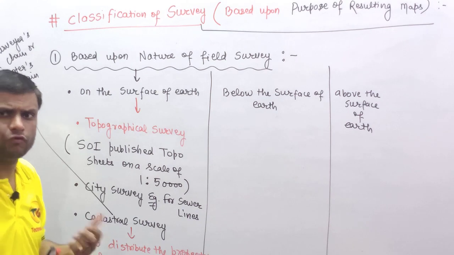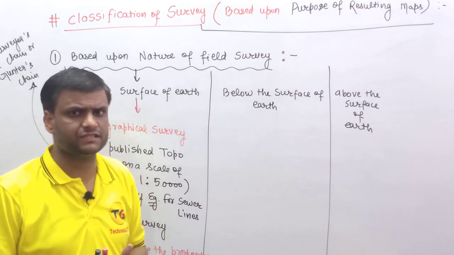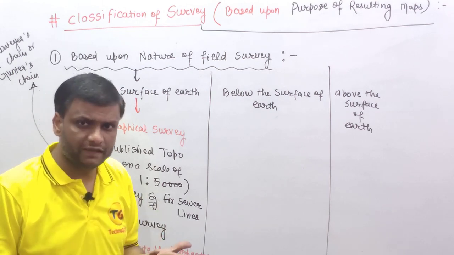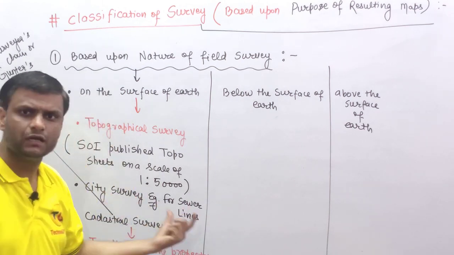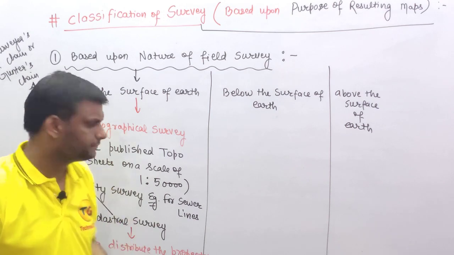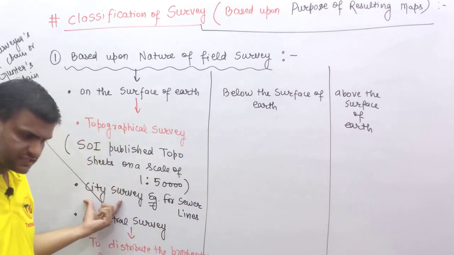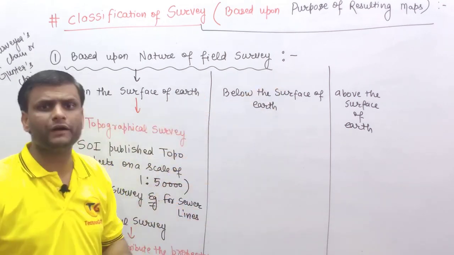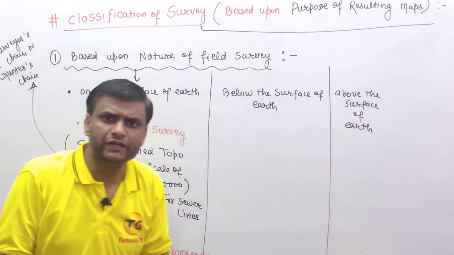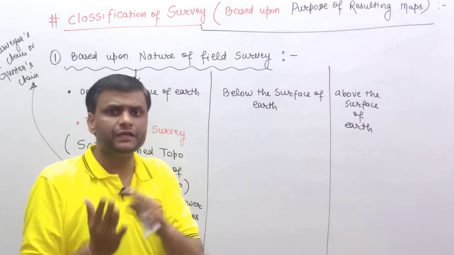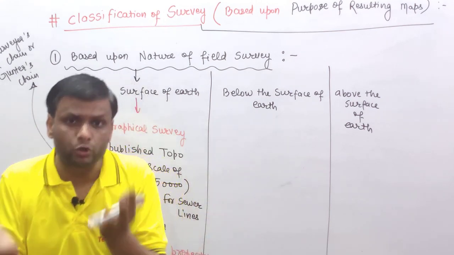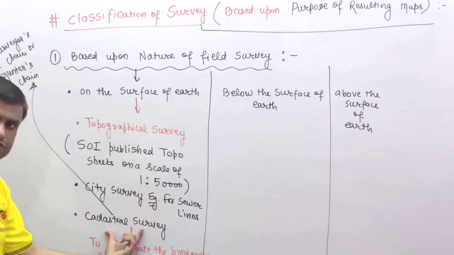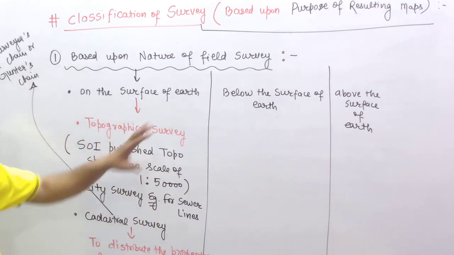If a survey is carried out for different essential services, like telephone lines, Wi-Fi cables, optical fiber cables, sewer lines, water supply lines, etc., it is called city survey. And if a survey is carried out to establish property boundaries, between two states, between two countries, or between two owners of different properties, that particular survey is called cadastral survey.